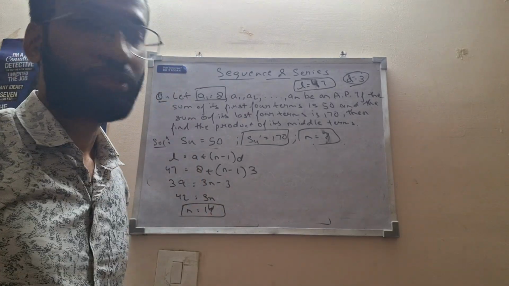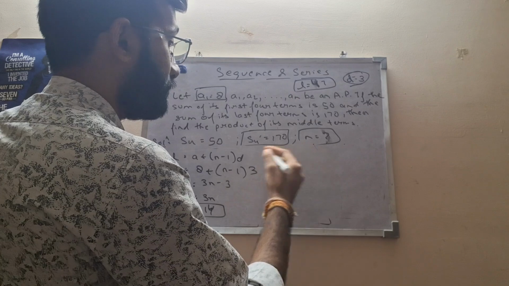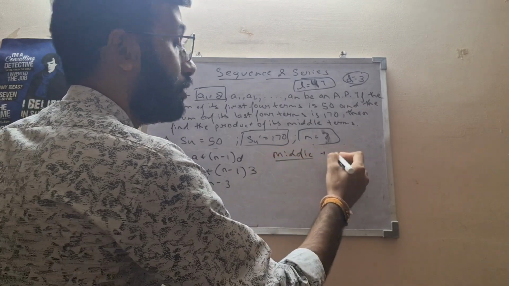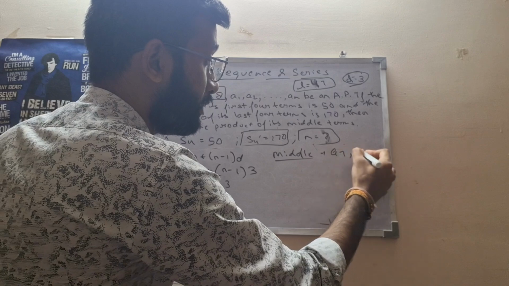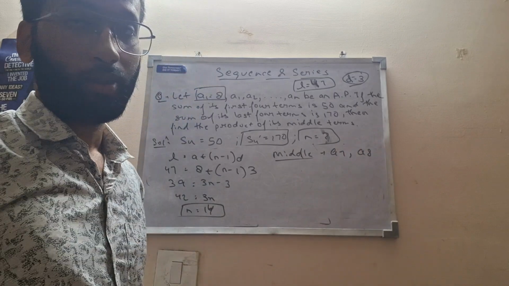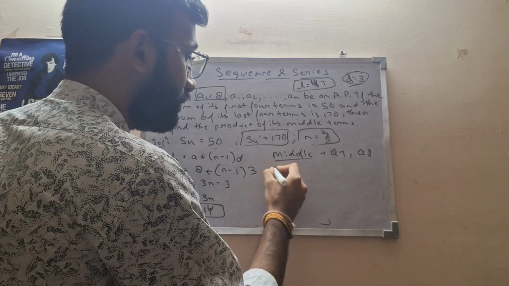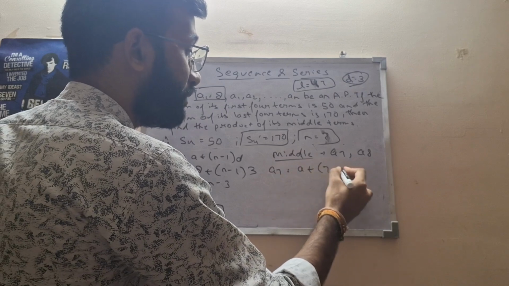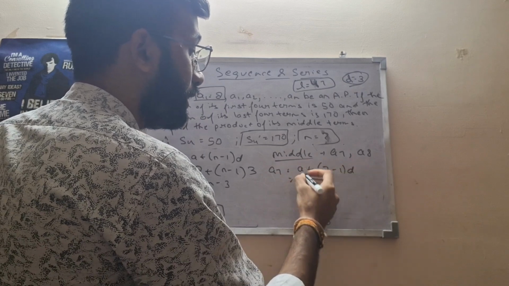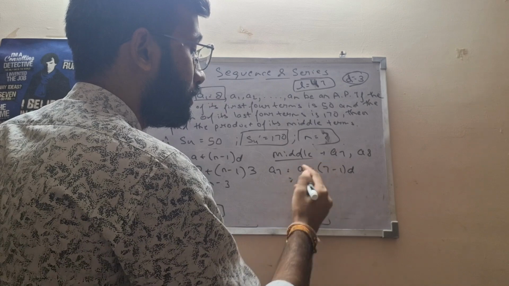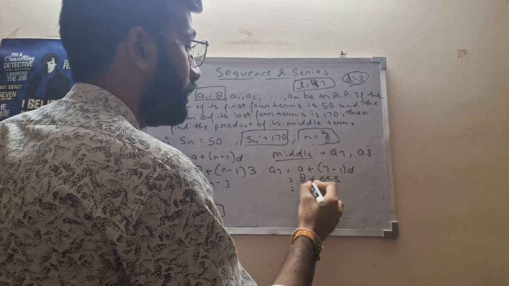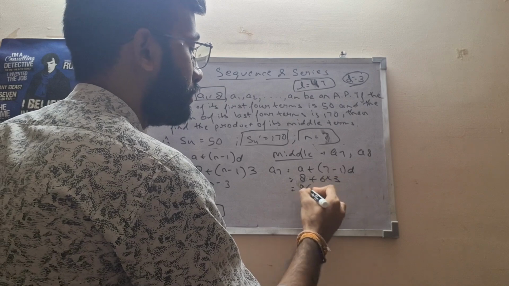If the total number of terms is 14, then the middle two terms will be A7 and A8. Then what is A7? A7 will be a + (7 - 1) d, that is 8 + 6 times the value of d, which is 3, that is 26.